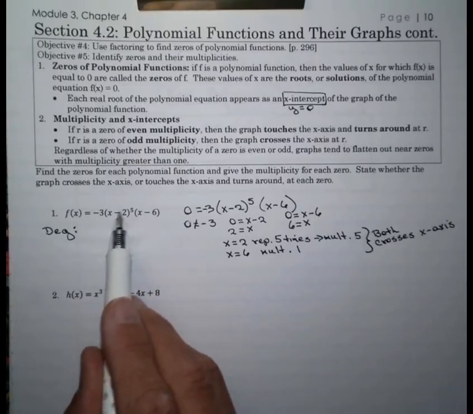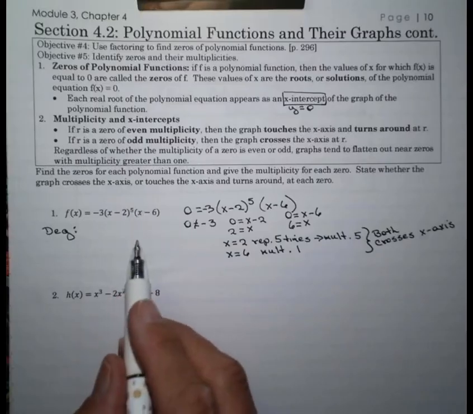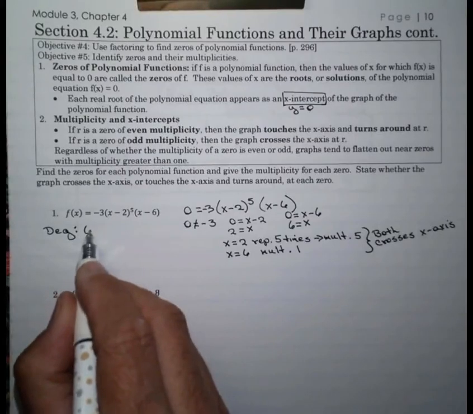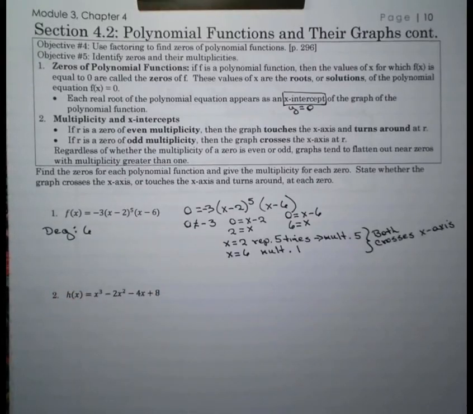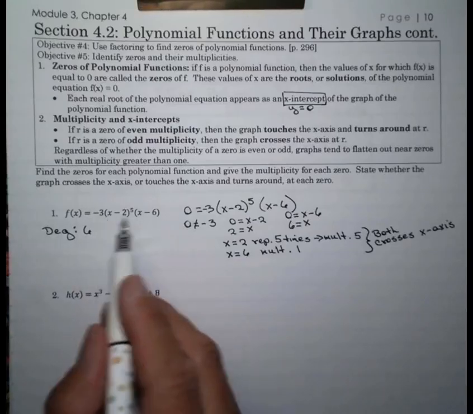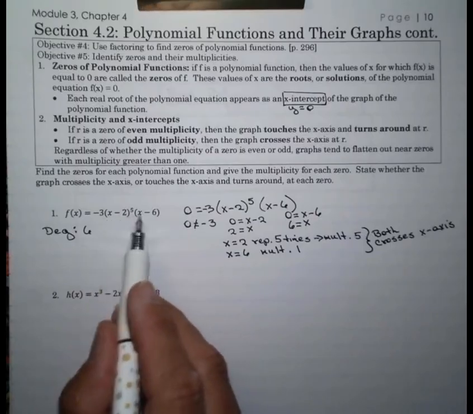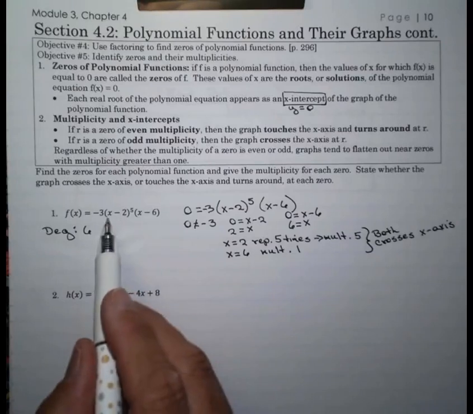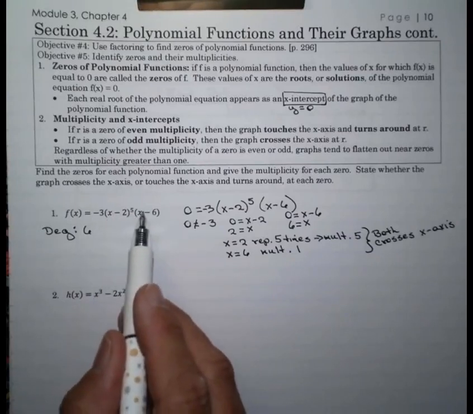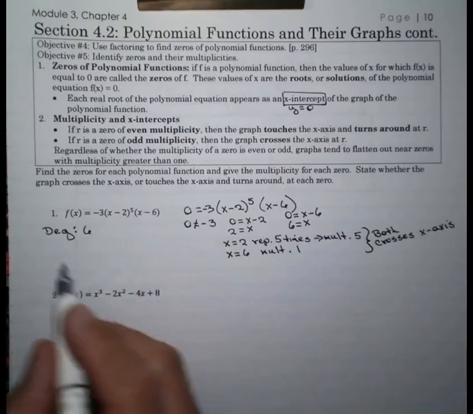But when I say x to the power of 5 times x to the power of 1, I add those exponents, and I would say it has a degree of 5 plus 1, which is 6. Remember, I'm only interested in the exponents of the variables, right? And the highest variable, if it's already factored, would be what happens when I multiply those factors together, right? I would end up with x to the 5th times x to the 1st multiplied together. It's going to give me x to the 6th, degree of 6.